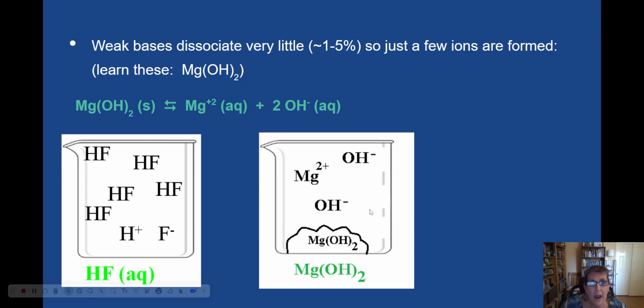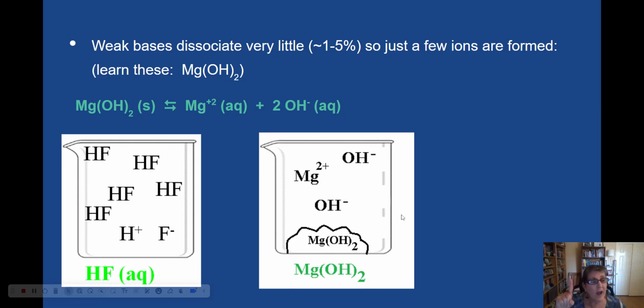Now, the magnesium hydroxide base is a little bit different than that because it's an ionic compound with a metal. So that means it's a solid. When you sprinkle it into the water, most of it sinks to the bottom. That squiggly line here just represents a big clump of solid at the bottom, so we just put Mg(OH)2 in there. 95% is down here.